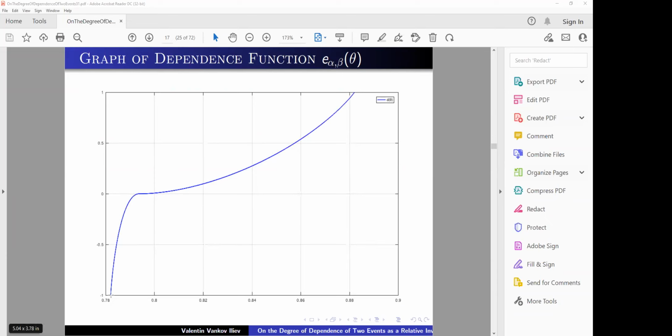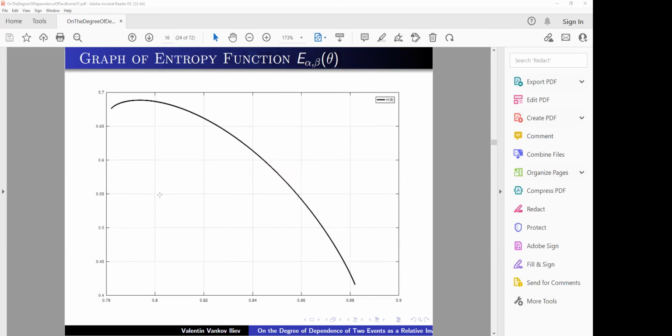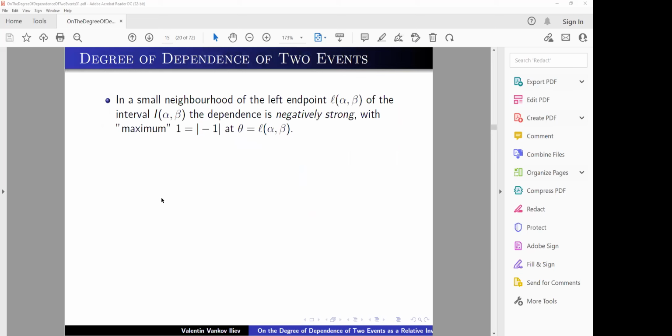It takes value -1 at the left endpoint of the interval. It takes value 0 at the point alpha beta. This is the maximum. And it takes value 1 at the right endpoint. In this way, I mimic the regression coefficient, its behavior in probability theory, which is a consequence of the Cauchy-Schwarz inequality, by the way, from linear algebra.